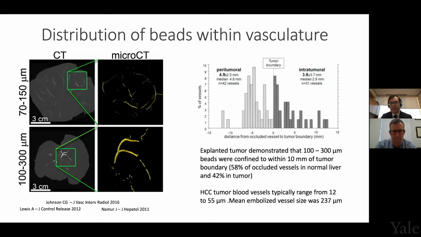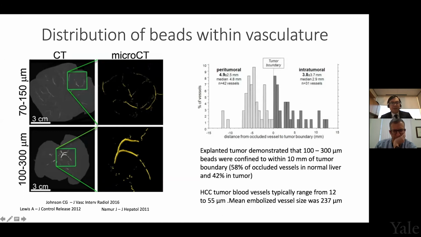So they had the incredible opportunity to look at their tumors after embolization less than a day later. When they dissected the tumor and looked at it under the microscope, they saw that basically 50% of the beads were in the tumor and 50% were outside the tumor. And this is for 100 to 300.